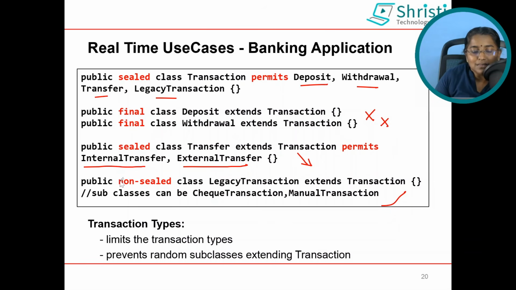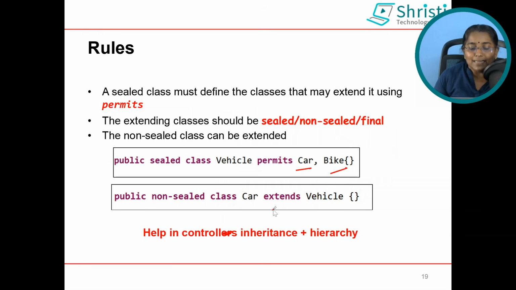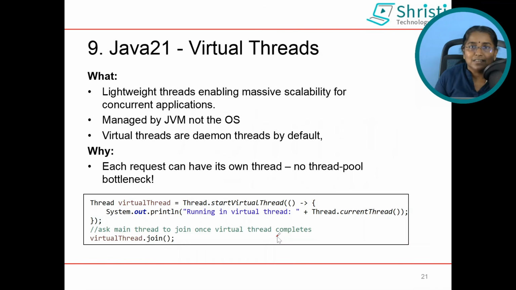Why? This is not a sealed class, it is a non-sealed class. Any class can be a subclass of LegacyTransaction. So what is the purpose of sealed classes? Sealed classes help in controlling the inheritance and the hierarchy. Okay, we will move on to the next feature.